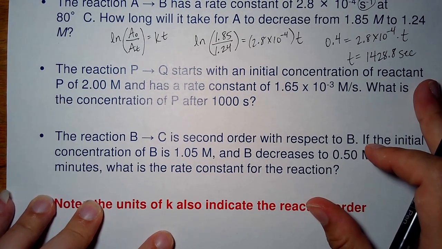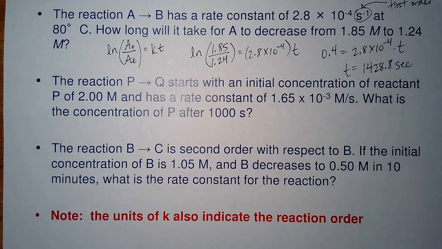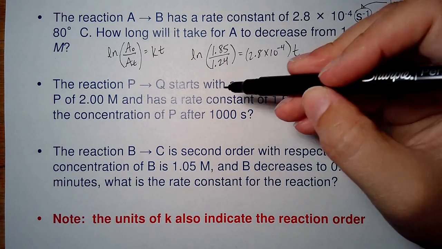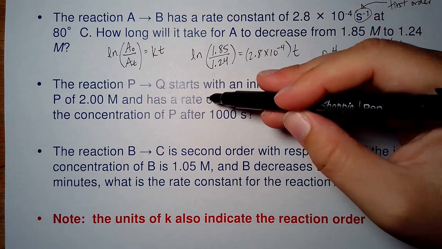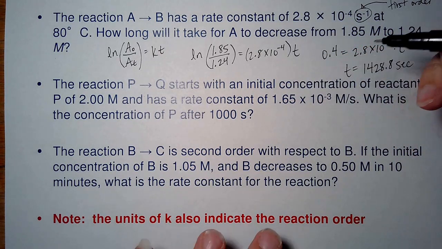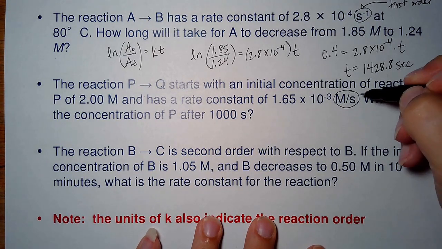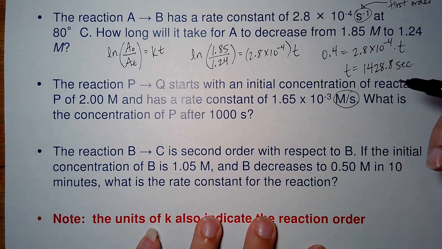Alright, so what is our reaction order? We have to know that to find the right equation. Our rate constant again can tell us that. Rate constant is our K. Look at the units. So what reaction order has moles per liter per second? This unit matches rate. So that means this is a zero order.